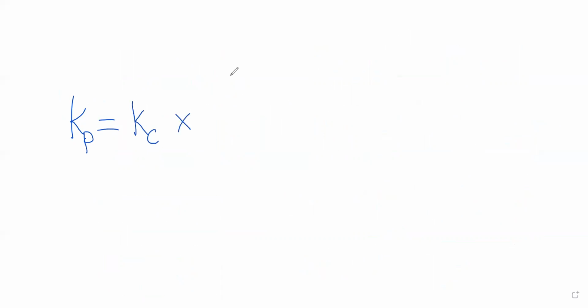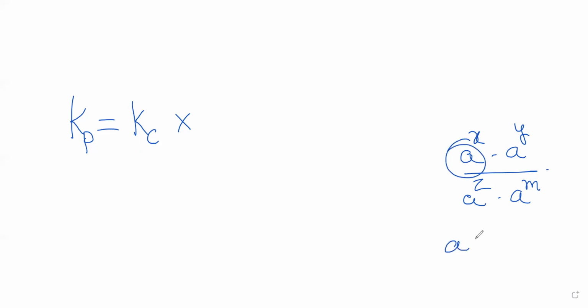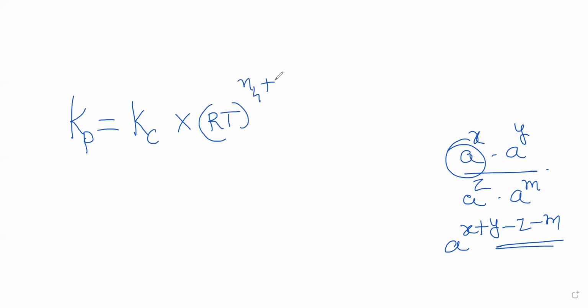Now if you have something like A power x into A power y divided by A power z into A power m, we can write A to the power of x plus y minus z minus m. Similarly, instead of A we have RT, so we can write RT whole power n4 plus n3 minus n1 plus n2.